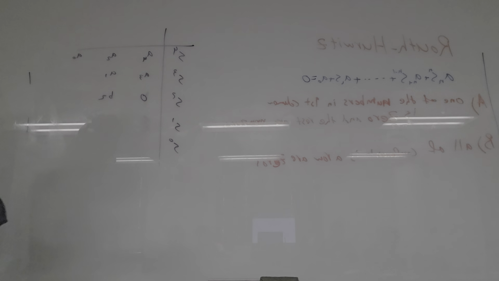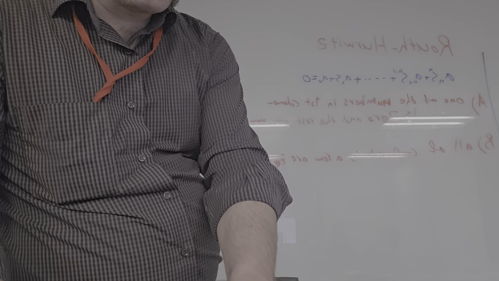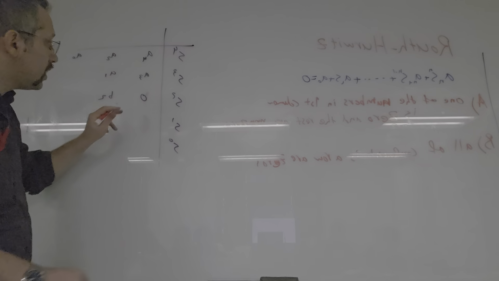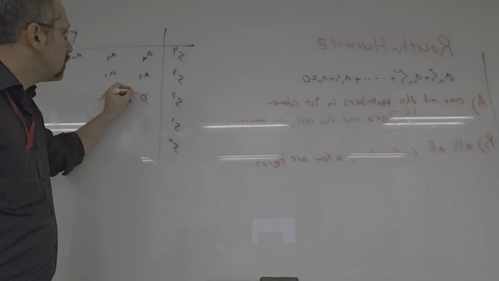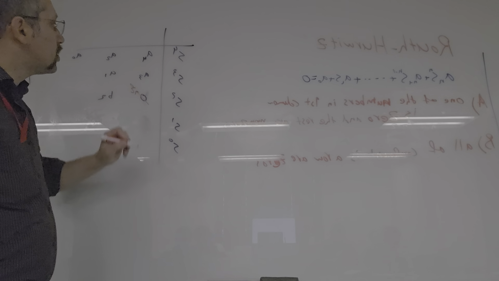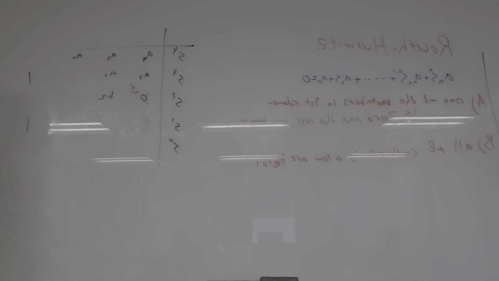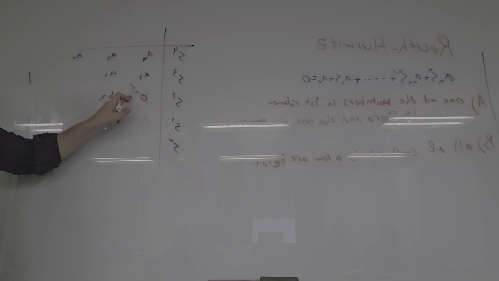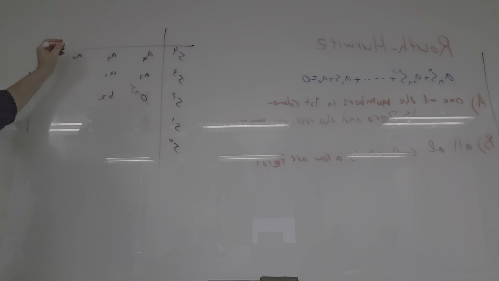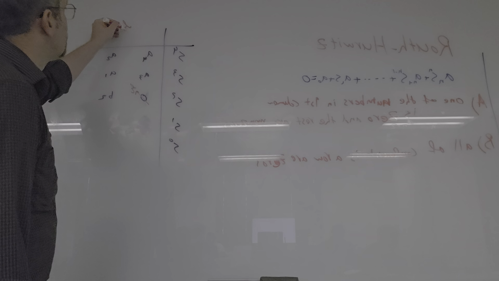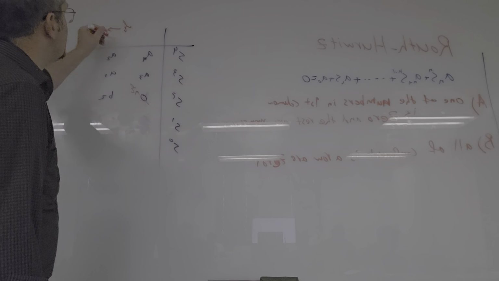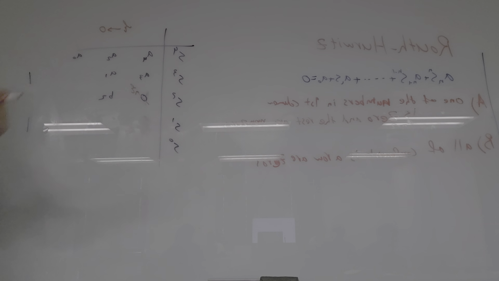Now what we can do is replace this 0 with a very tiny number, epsilon. This epsilon is very, very tiny, limiting to 0. Are we clear on that?